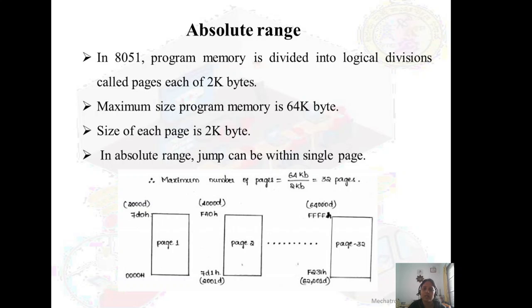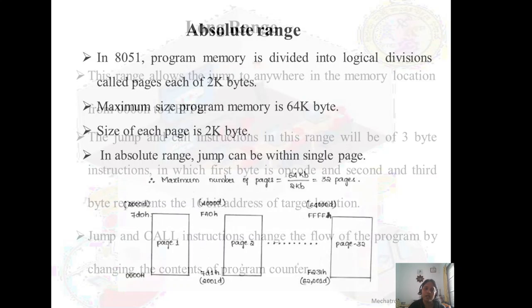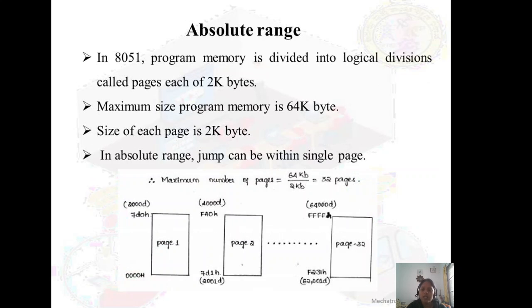Remember, each page is of 2k bytes. In the absolute range, it is also of 2 byte instructions. First will be your opcode and the next will be your address where you need to jump. Understood? Generally, the instruction used here is ACALL, the absolute call instruction.